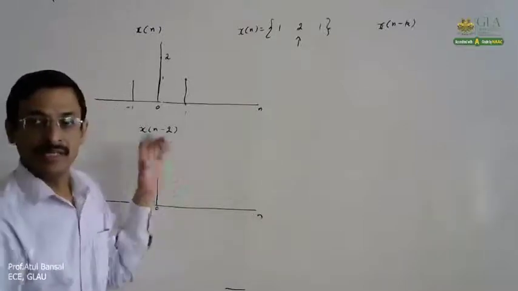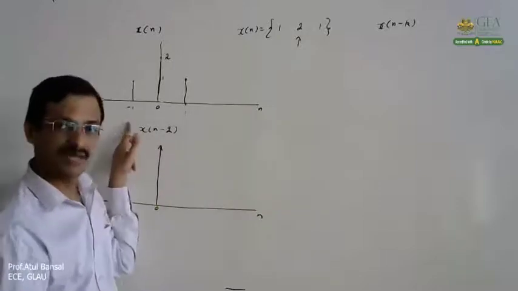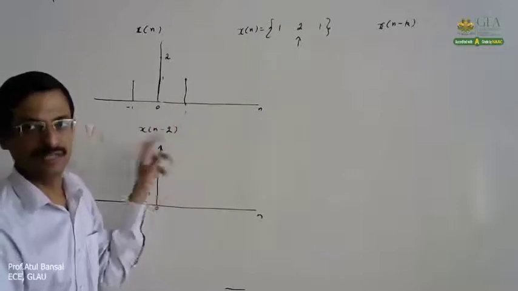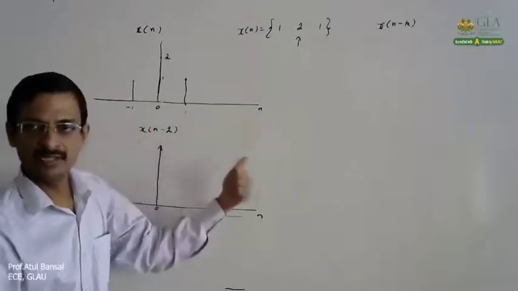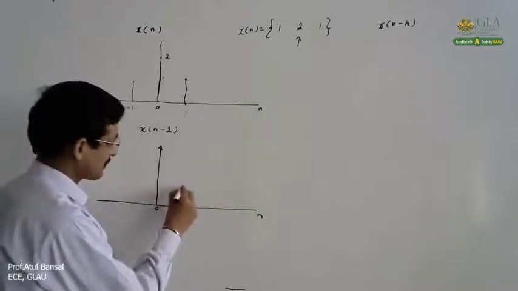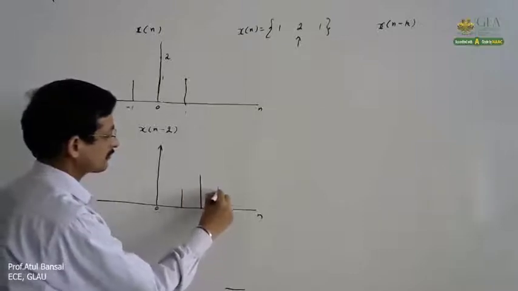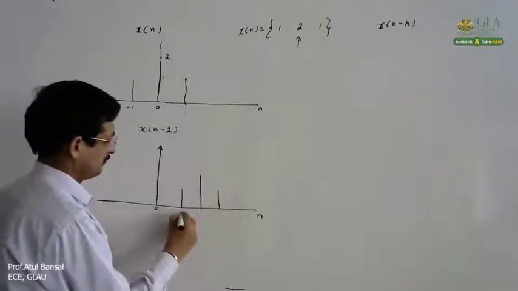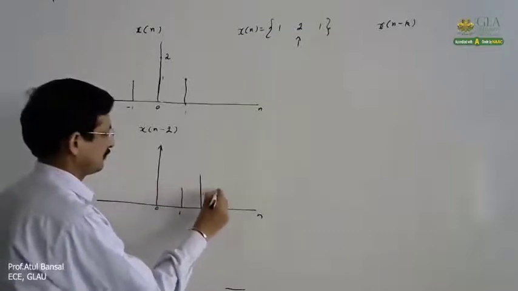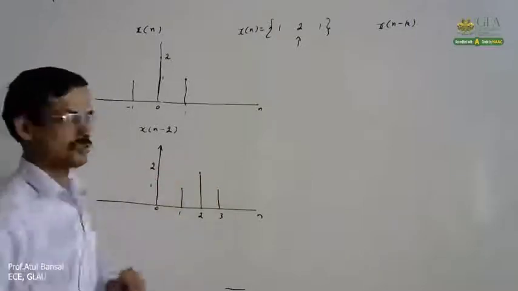So what will happen? Each of these will get shifted by 2 units. Whatever is at -1 will now come at -1 plus 2, that means at +1. Whatever is at 0 will come at 0 plus 2, that is 2. So the signal will look like this.